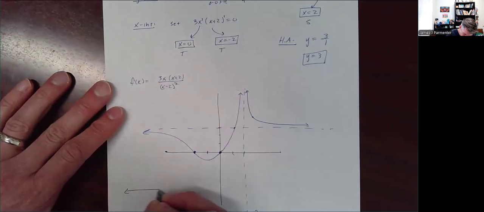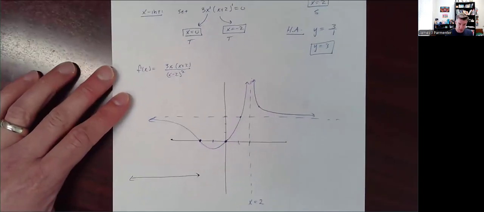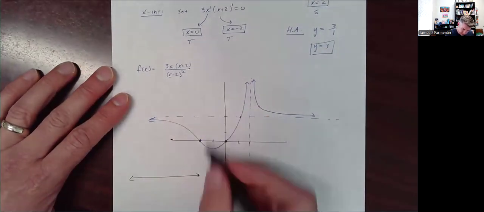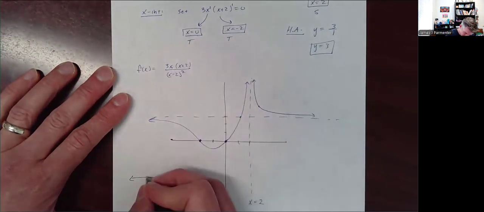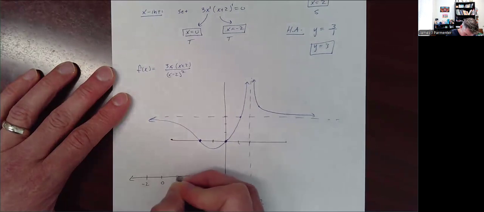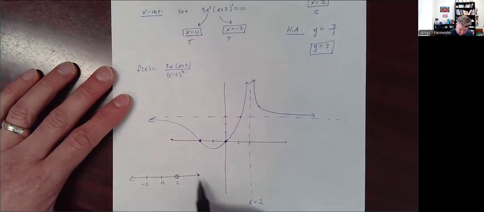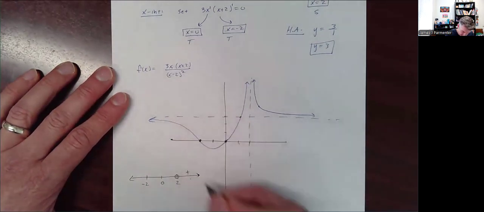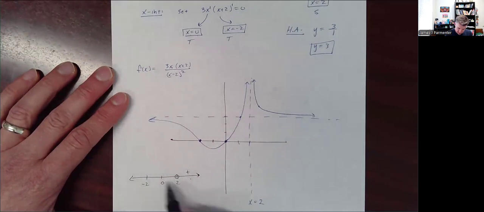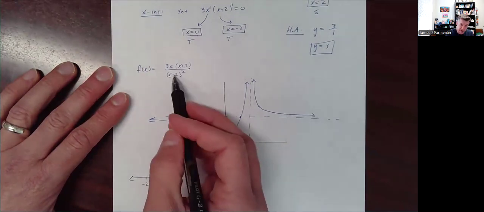So again, on the sign chart, the numbers you're going to include are any x-intercepts, so 0 and -2, and any vertical asymptotes, 2. I know that's open because it's undefined there. So then pick a number larger than 2, like 3. Positive, positive, positive, the whole thing's positive. And then you can either pick a number between 0 and 2, like 1, or you can say, well, the 2 came from (x - 2)^2.